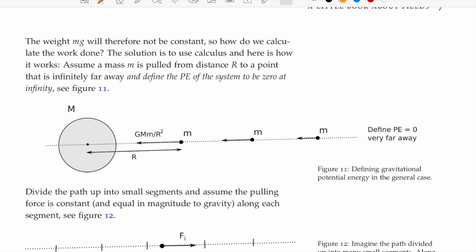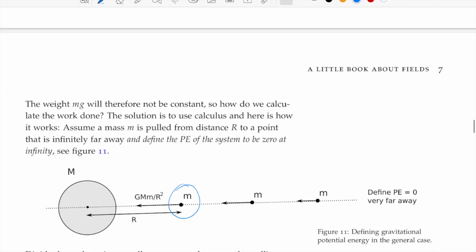So here we have a picture showing a mass m that starts at a certain distance r away from this planet, and there's a force acting on it, GMm over r squared, and we can imagine that something is lifting it outwards with a constant speed, applying the same amount of force on it all the way to infinity. And we're going to define the potential energy to be 0 at infinity, when these two masses are infinitely far away from each other.